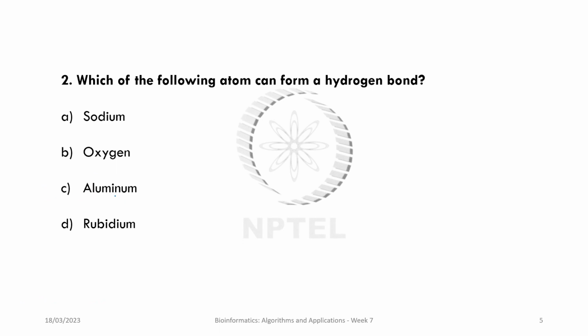Which of the following atoms can form a hydrogen bond? A. Sodium, B. Oxygen, C. Aluminium, and D. Rubidium. Thank you, Vijayanta.